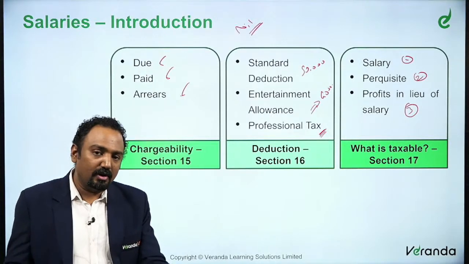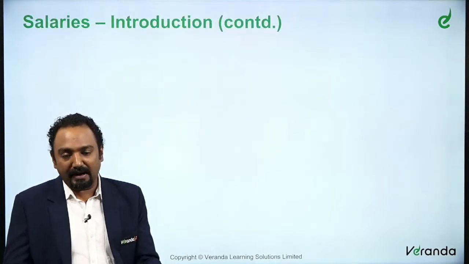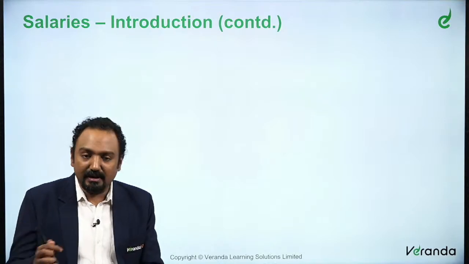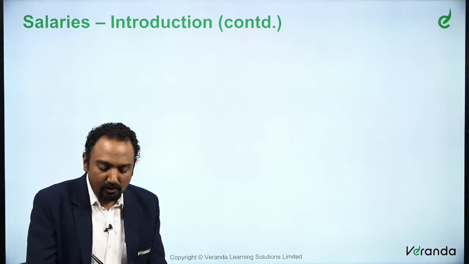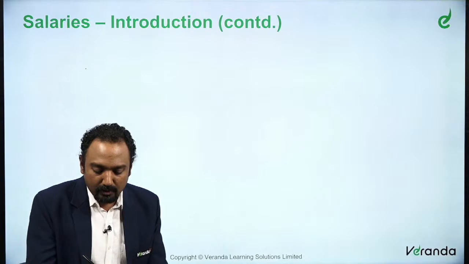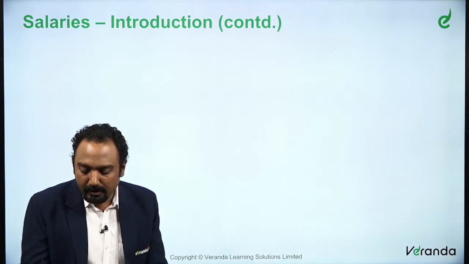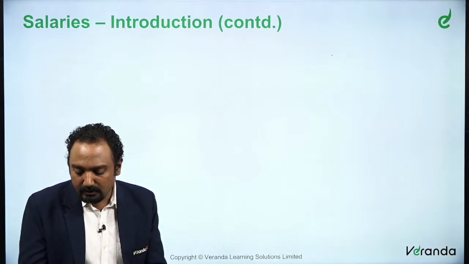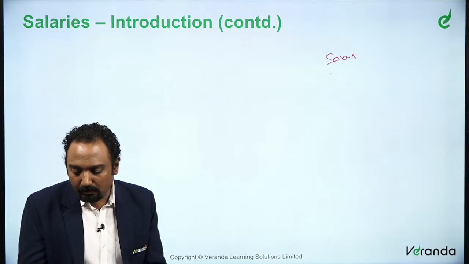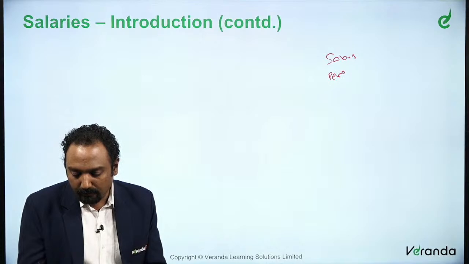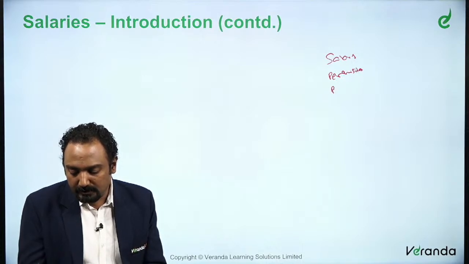Now if you actually look at it, this entire thing is divided into multiple sections. First thing is what you will be computing. You will be computing your salary, you will compute perquisites, and then you will have profits in lieu of salary.